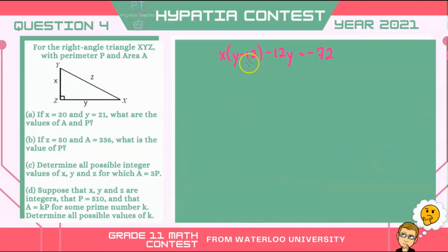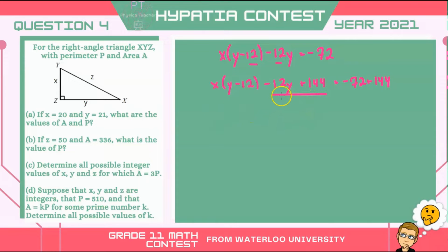Alright, next step is, since I know that 12 and 12 multiplied together gives me 144, what I'm going to do is add 144 to both sides of the equation. You're going to see why in a second. So 144, that's 12 times 12, equals minus 72 plus 144. So now right here, I have a common factor, and that is 12.